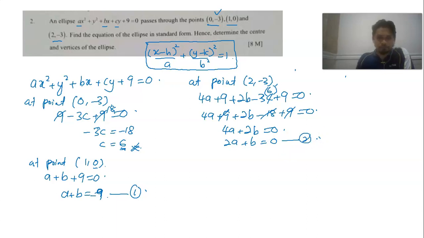Equation 2. So in this case, because we have b and b, let's make this one equation 1 minus equation 2.